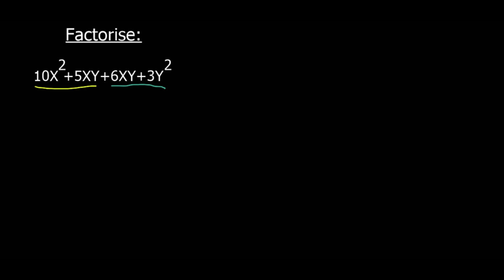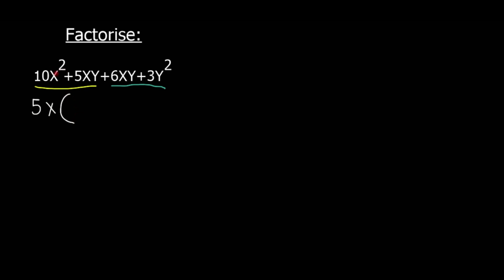A re lebelle this example. Re na le 10x squared plus 5xy. So from here re tlo nyaka the highest common factor ya 10x squared plus 5xy. The highest common factor yo ba 5x.